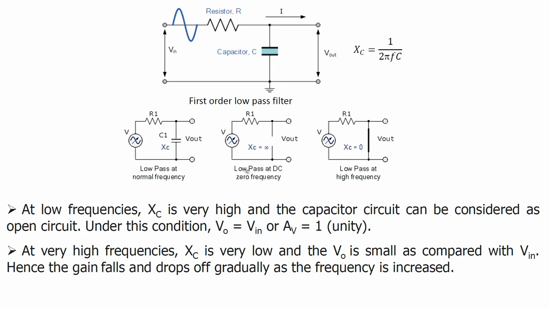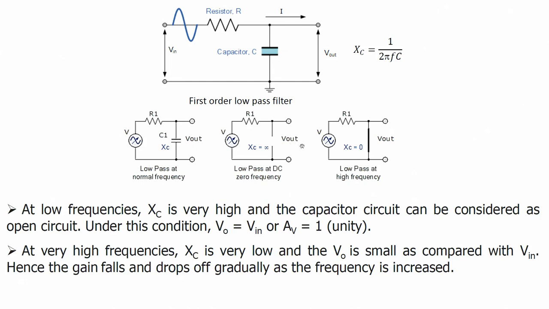So, if the frequency is low, Xc can be considered open circuit and the signal can pass and we can get it at the output.